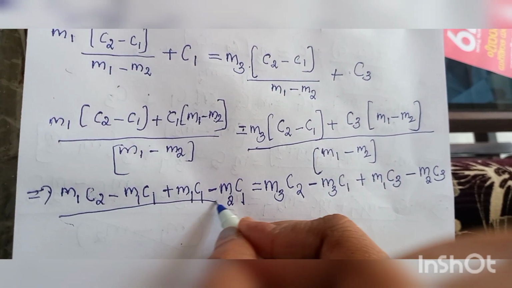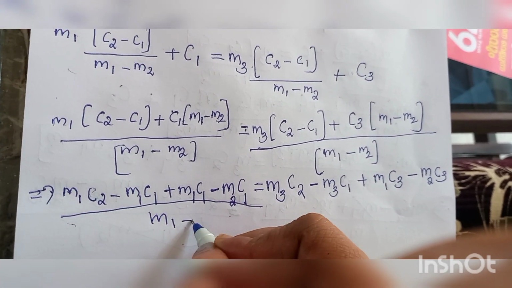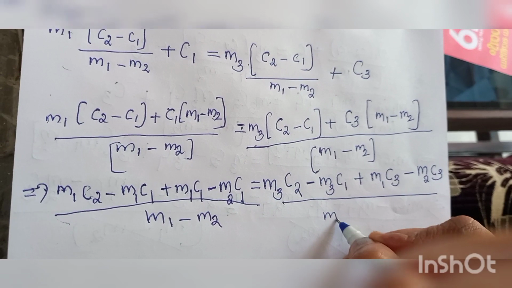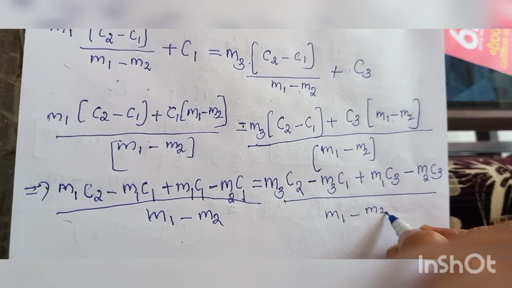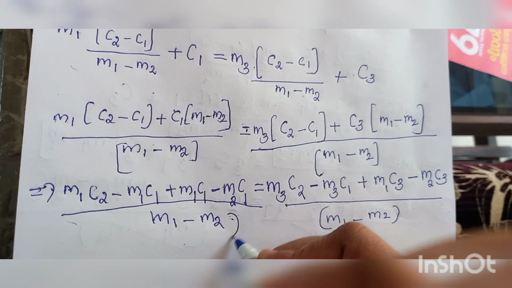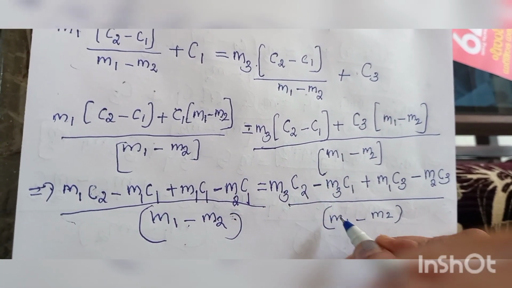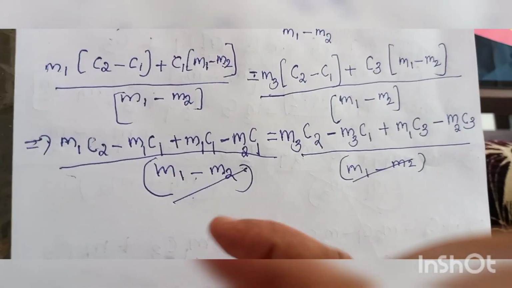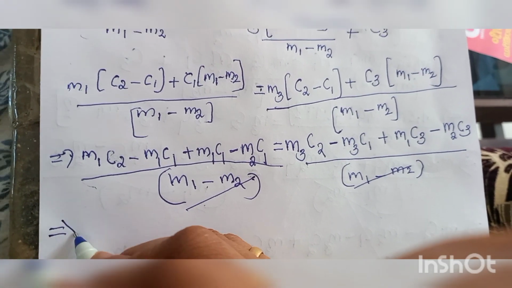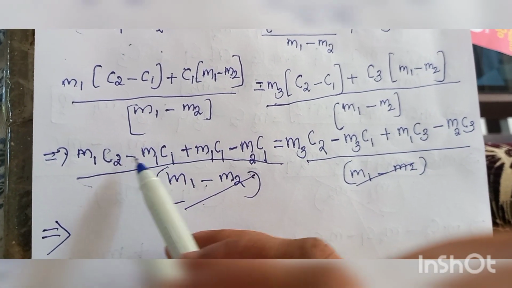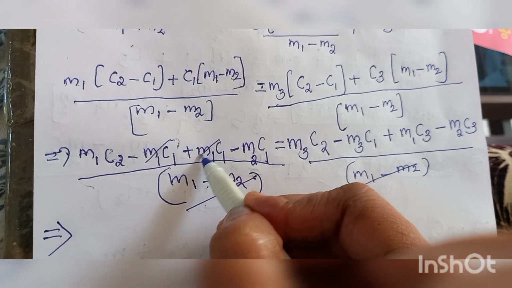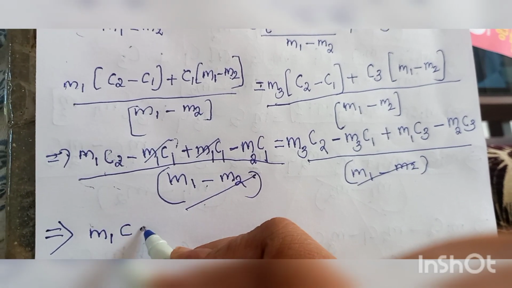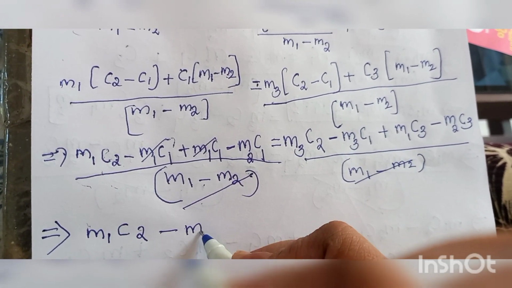Here LCM is m1 minus m2, here also LCM is m1 minus m2. Okay, so these m1 minus m2 and these m1 minus m2 get cancelled. Next, this term and this term get cancelled. So what is remaining? We get m1c2 minus m2c1.